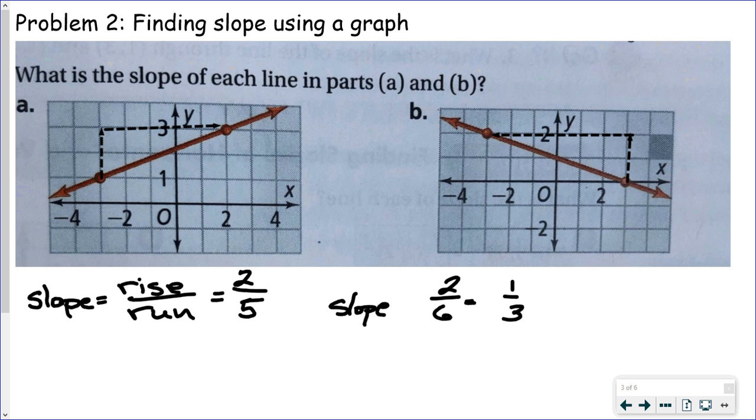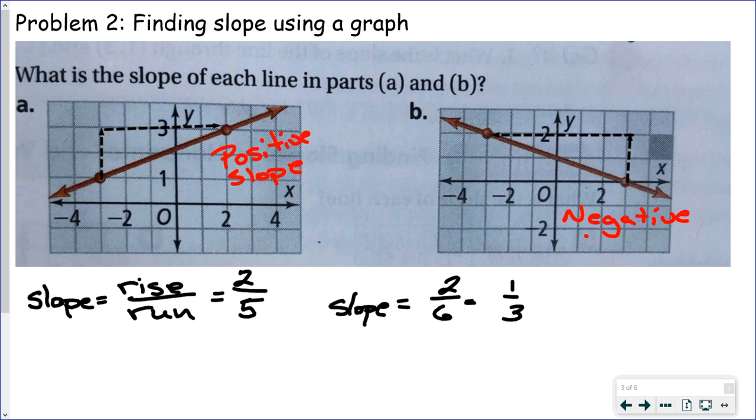All right, now here's something I'm going to ask you to memorize. If a line is leaning to the right, like A, this is a positive slope. If a line is leaning to the left, like B, this is a negative slope.